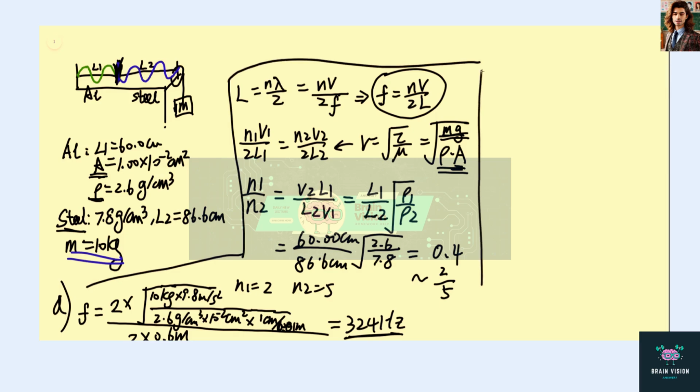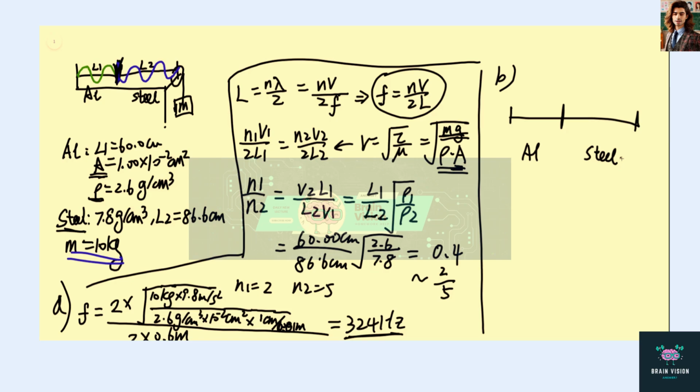And now let's look at part B. It asks how many nodes are observed at this frequency. Okay, we already said this is aluminum, this is steel.